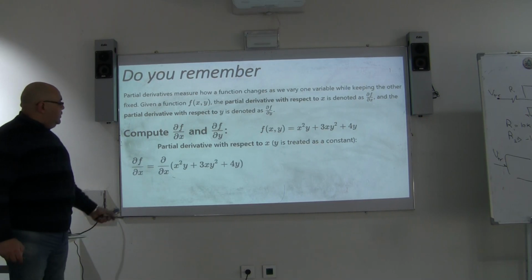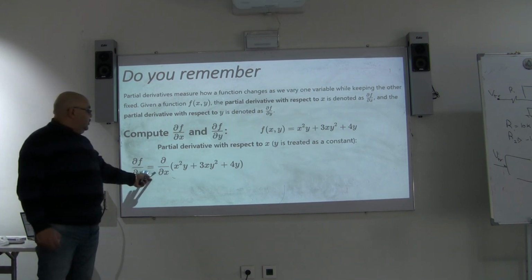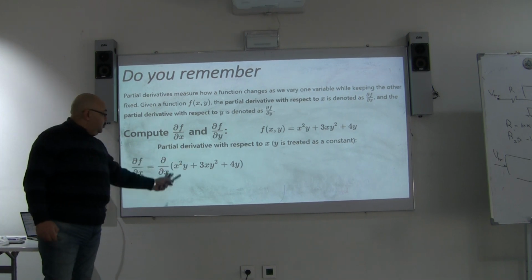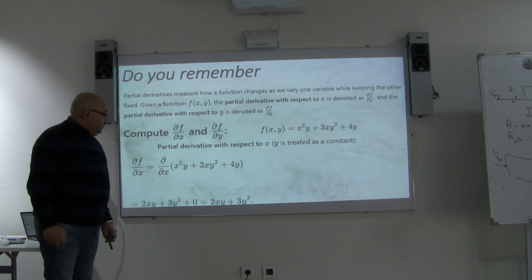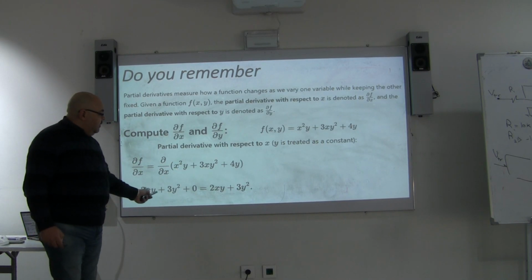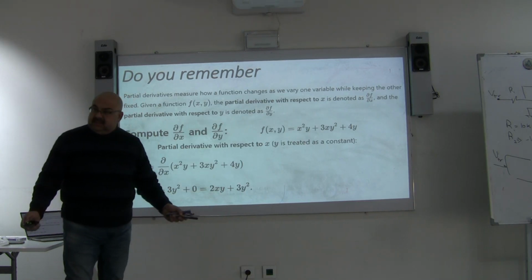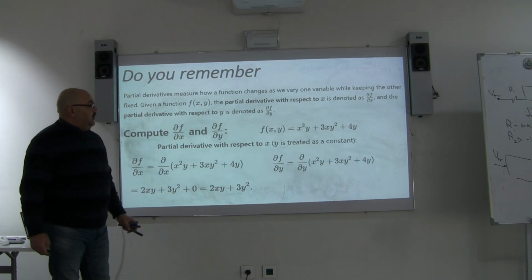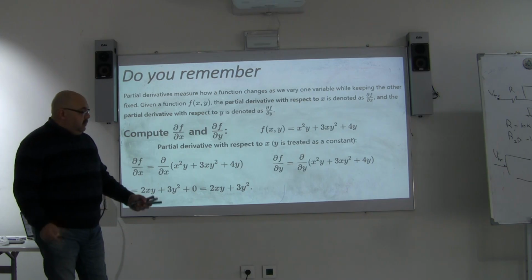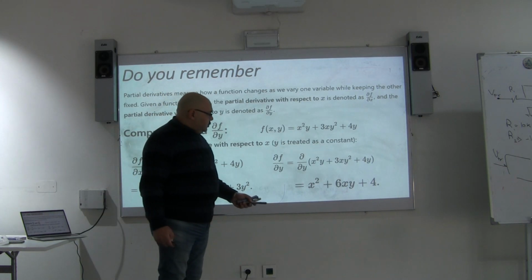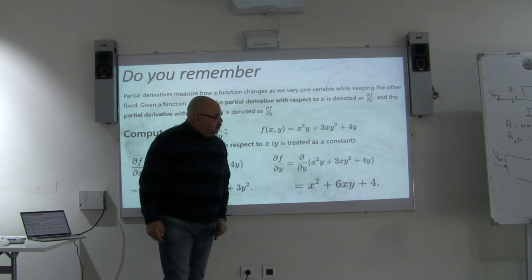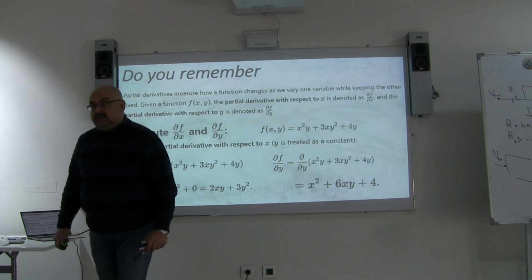So it's exactly the same, differentiating f with respect to x for x squared y and for 3xy. You will end up having 2xy plus 3y squared exactly as we did. If I want to get partial f, partial y, I will make a first derivative for this function. So it will be exactly x squared plus 6xy plus 4, as you can see.